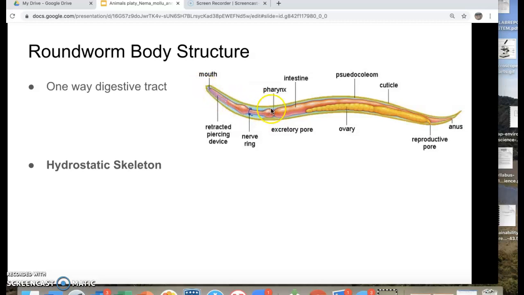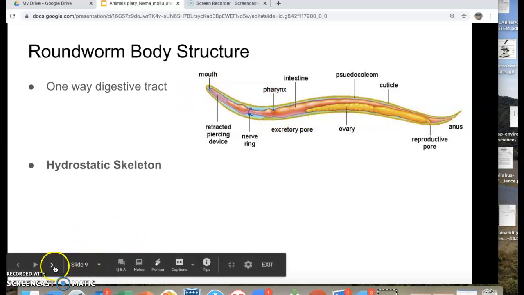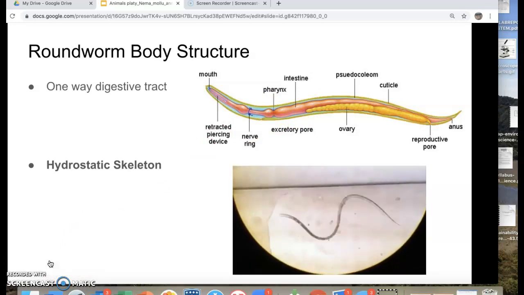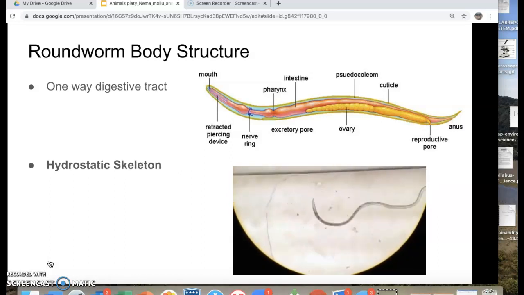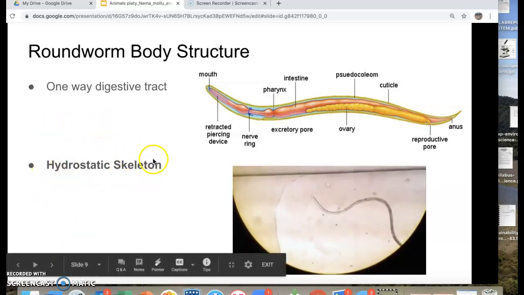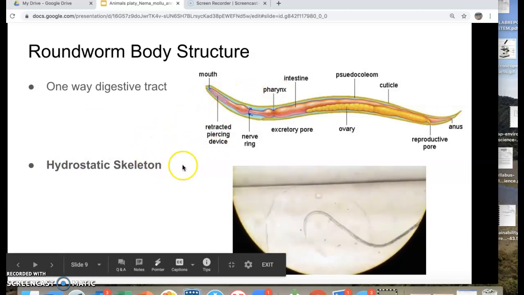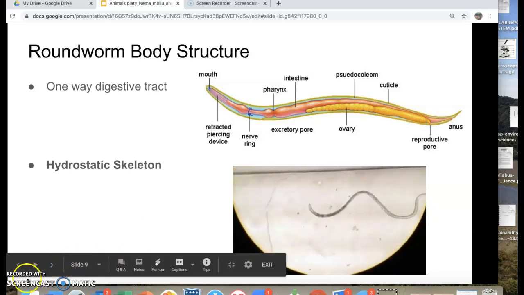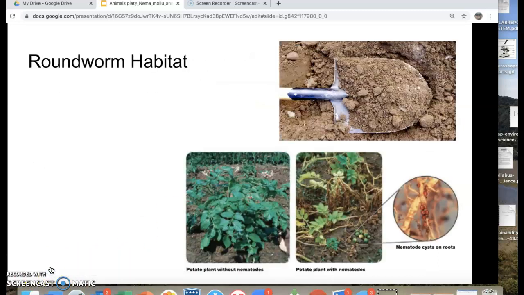So the liquid, the water that comes in, puts pressure on the ectoderm and allows the worm to push through the walls, giving it this very interesting wiggling ability to be able to move. This is not the only organism that has a hydrostatic skeleton. Other organisms that we've previously seen do too, but this is their major way of movement.